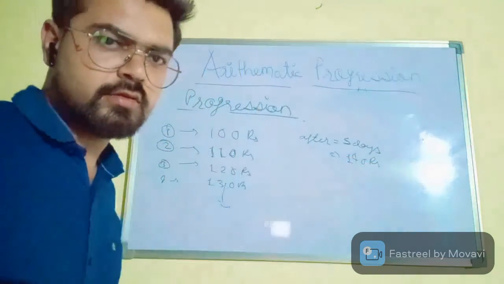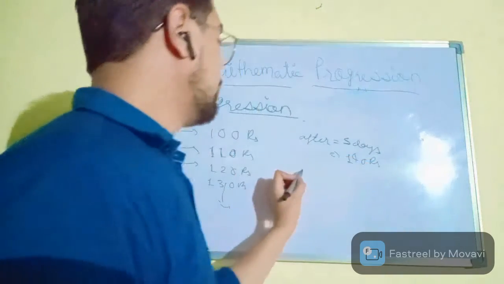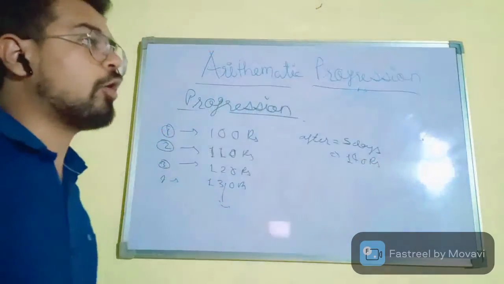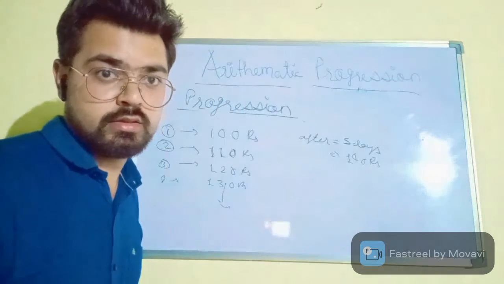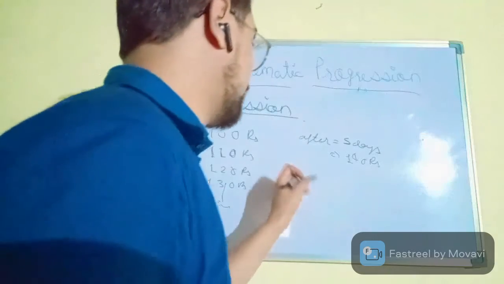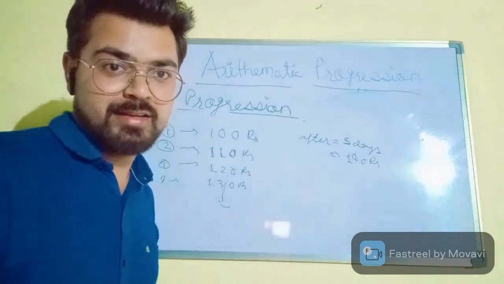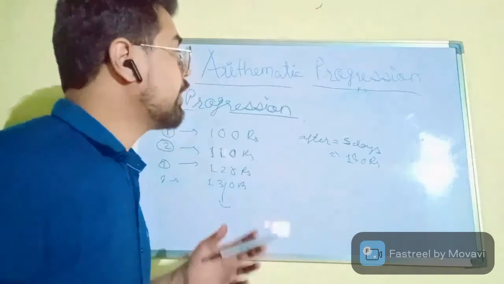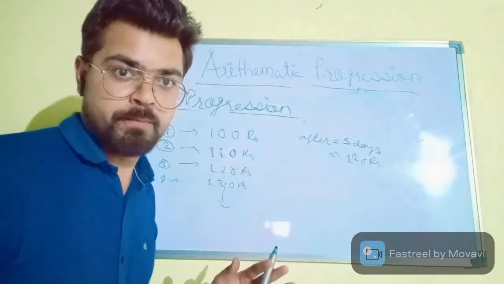Very easy. But if I ask you how much money you have to put in your piggy bank after 50 days? Up to 10 it is difficult, and I am asking for 50 days. It is very difficult. In that place we need some formula.